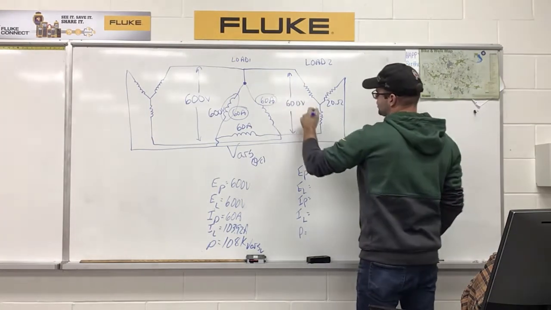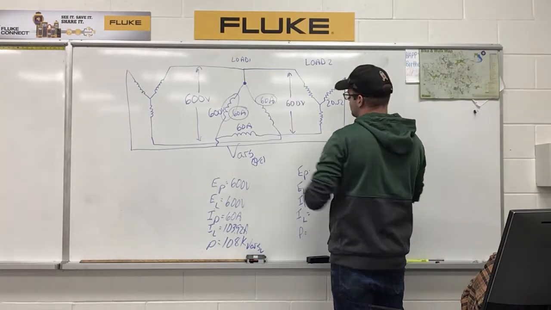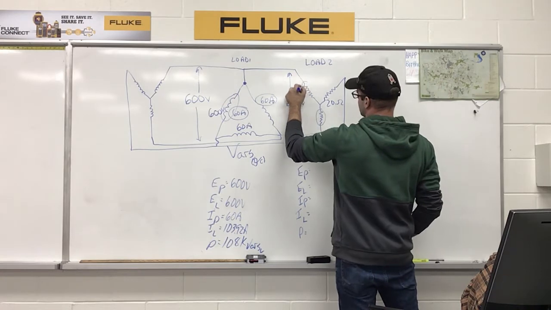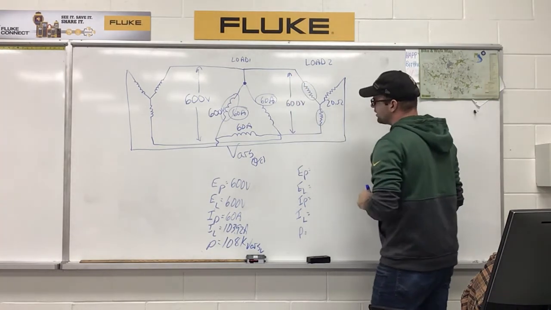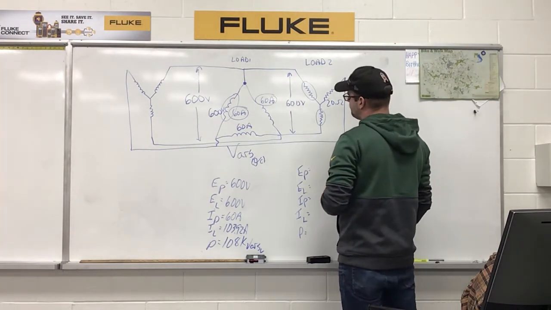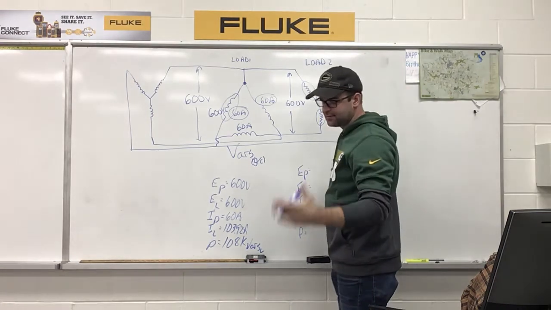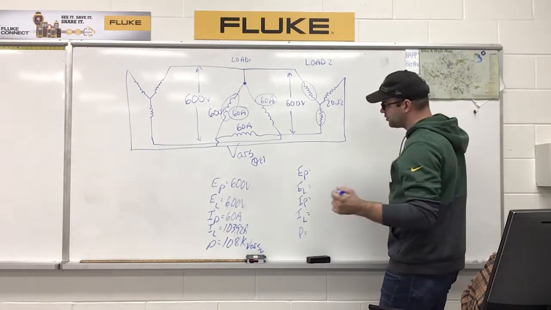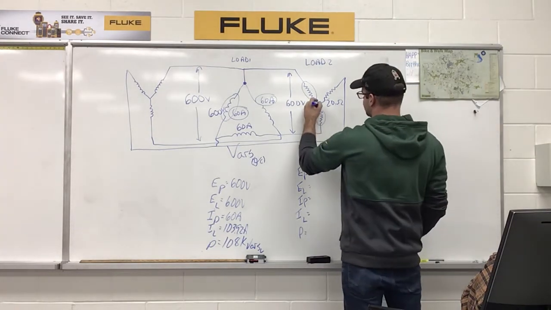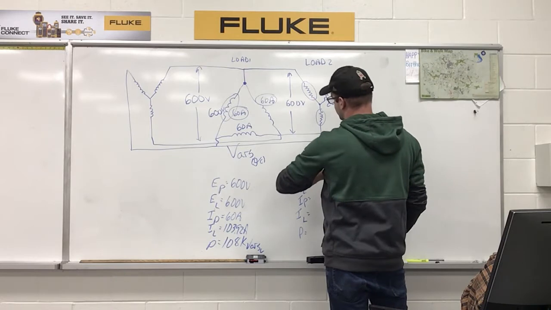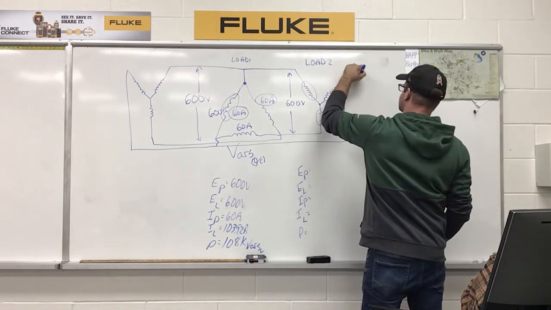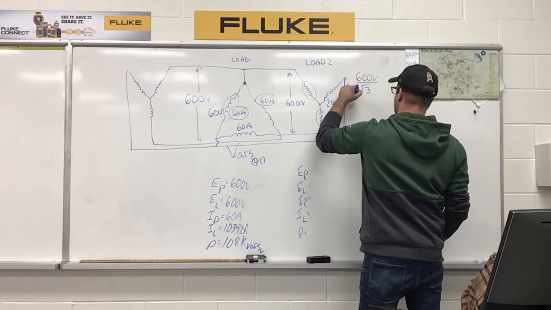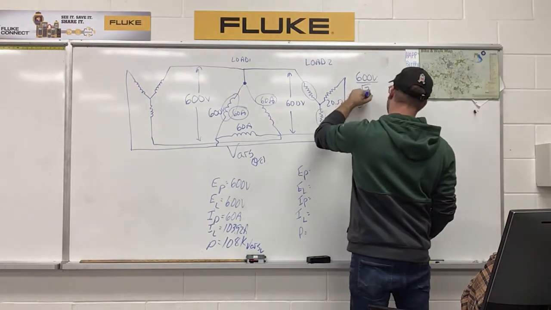Our 600 volts, when we get to our Y-connected resistor, we've got 2 loads that are splitting that voltage. However, as I stated before, they're not 180 degrees apart. They're 120 degrees apart. So we're going to be looking at a value that's √3 smaller. So if we do 600 volts divided by √3, we get a value close to 347.